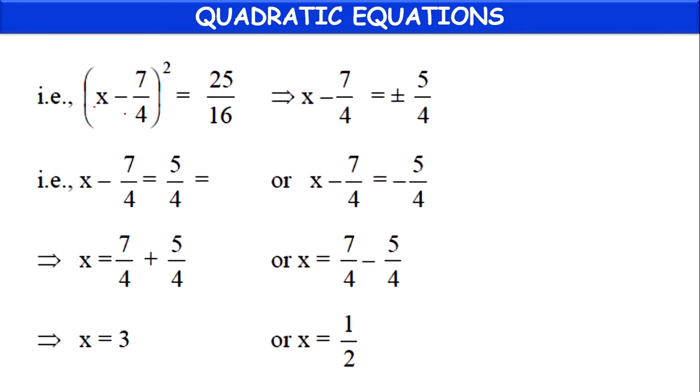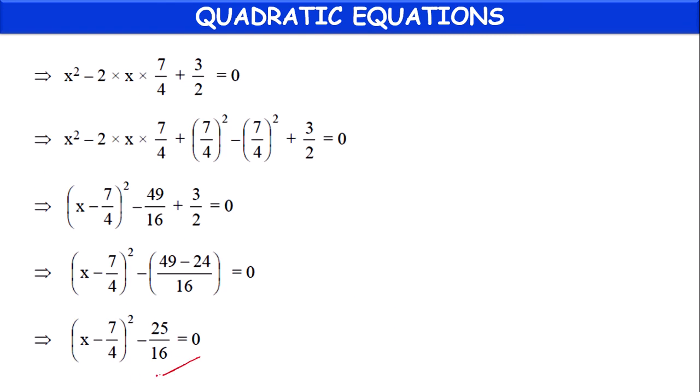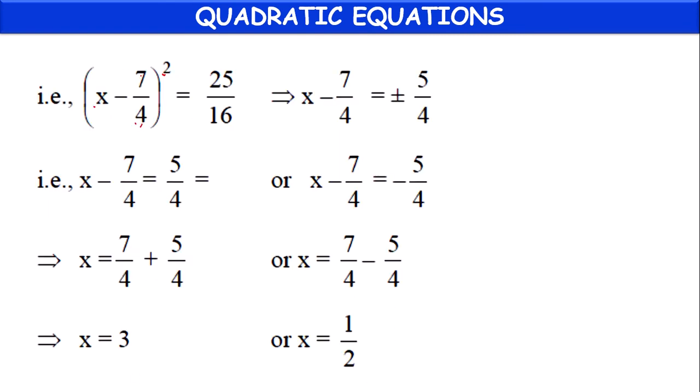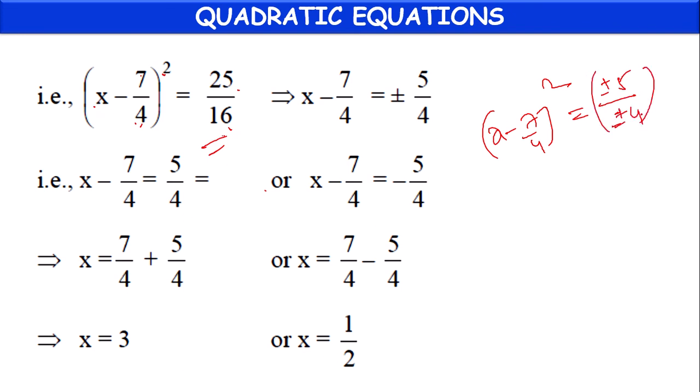So we have got x minus 7 by 4 whole square minus 25 by 16. If it goes towards the right hand side, it will become plus 25 by 16. So x minus 7 by 4 whole square equals 25 by 16. 25 can be written as plus or minus 5 whole square, and 16 as plus or minus 4 whole square, so this can be written as plus or minus 5 by 4 whole square.